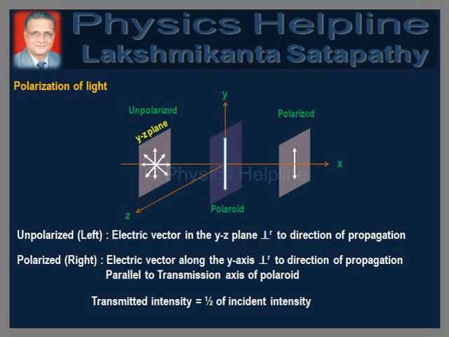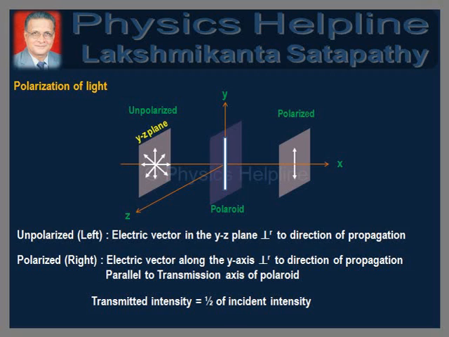The wave is incident on the polarizer, whose transmission axis is along the y-axis. Therefore, the wave transmitted through the Polaroid has the electric vector pointing in the y direction.